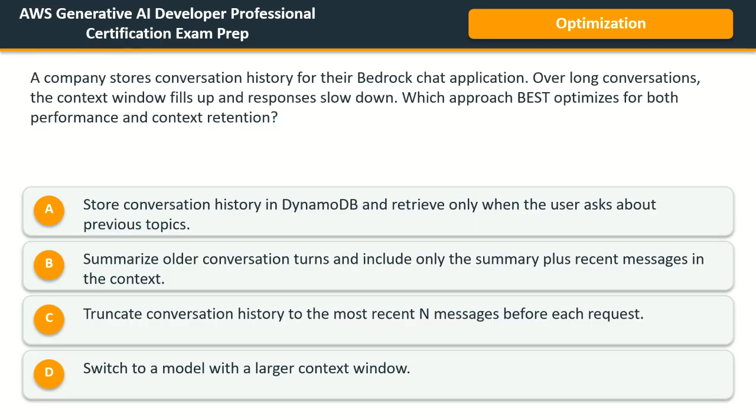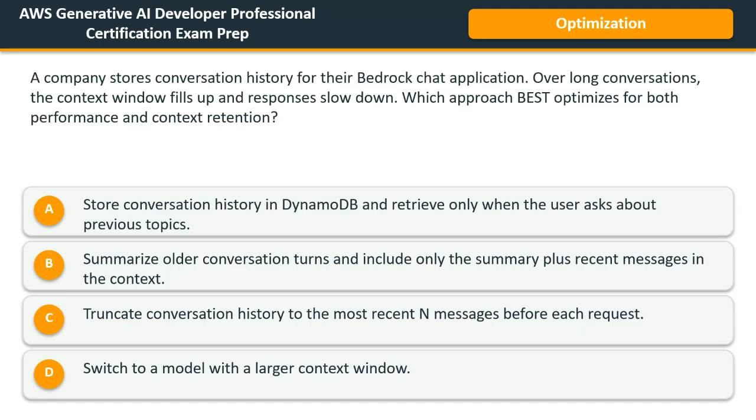Let's look at why the other answers are incorrect. Option A retrieves history only when asked. That breaks conversational continuity. The assistant loses implicit context. Option C truncates history. This throws away important information and causes the model to forget earlier facts.